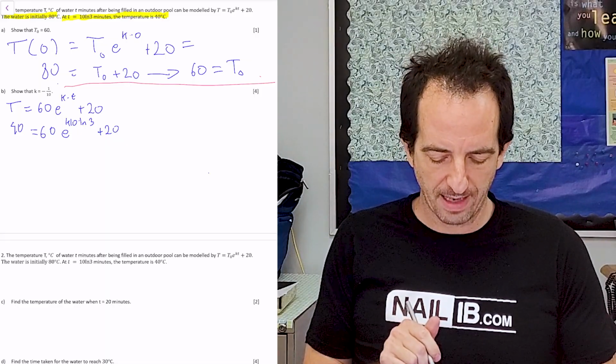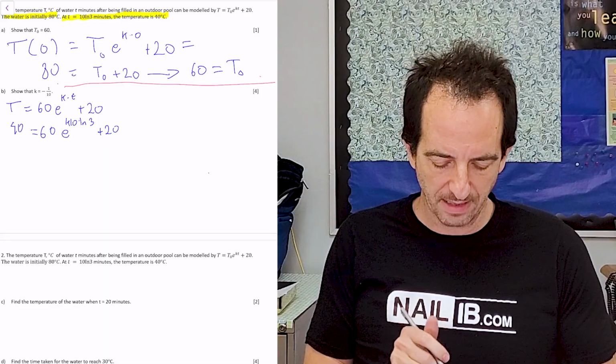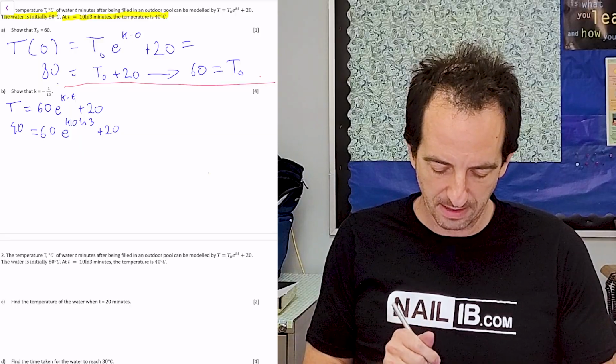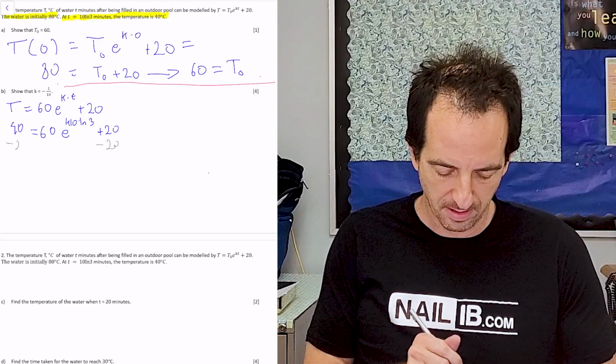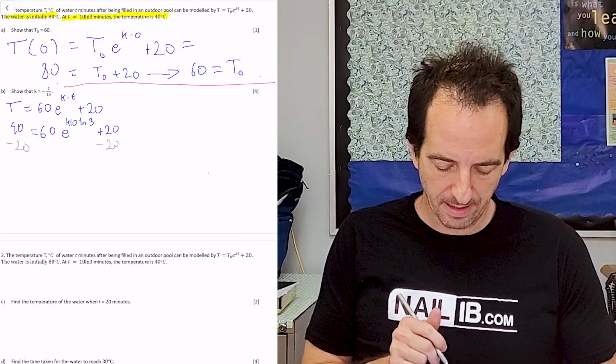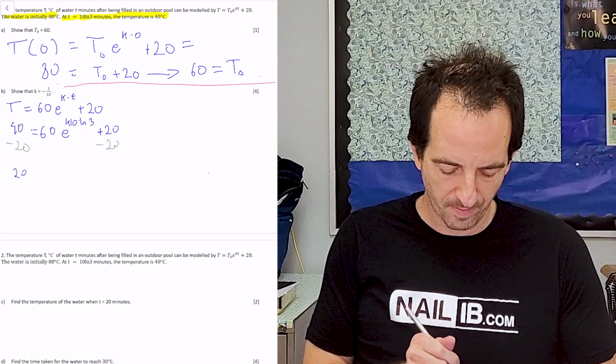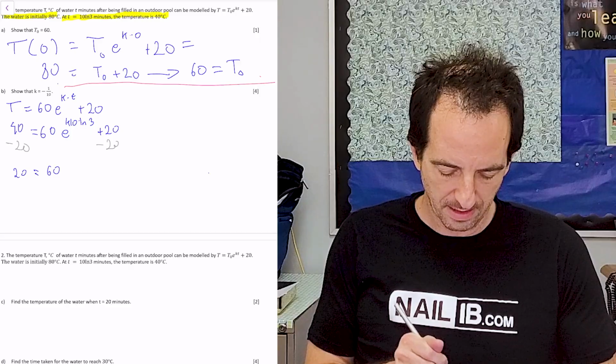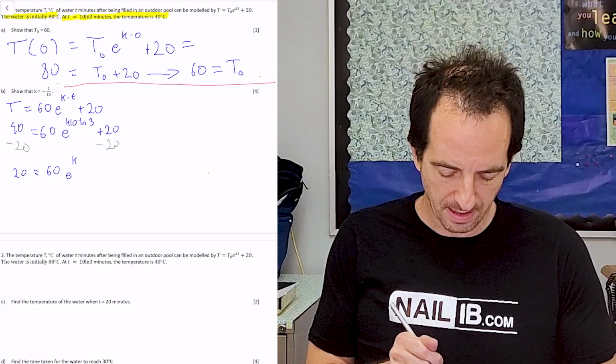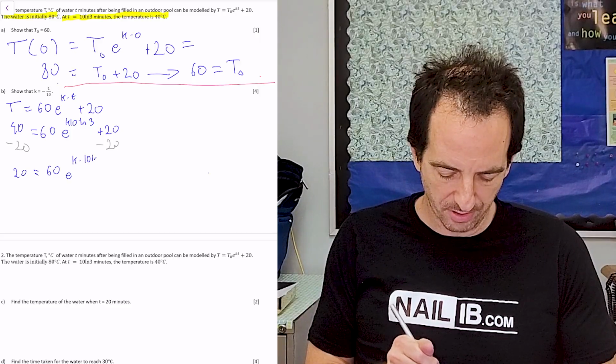In order to do that, I could subtract 20 from both sides. That will leave us with 20 is equal to 60 e to the k times 10 natural log of 3.